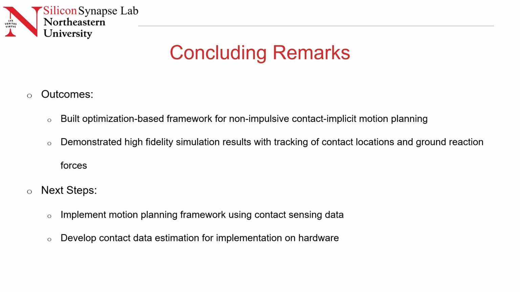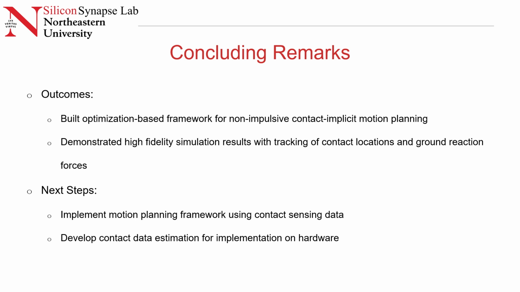So what we get out of this work is an optimization-based framework that incorporates contact-implicit, non-impulsive contacts for motion planning, and it shows a high-fidelity simulation that helps us track contact locations and ground reaction forces.